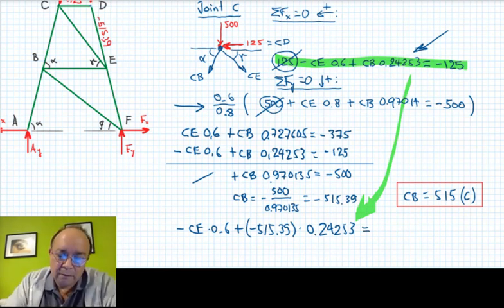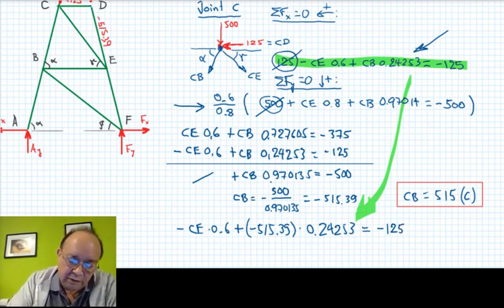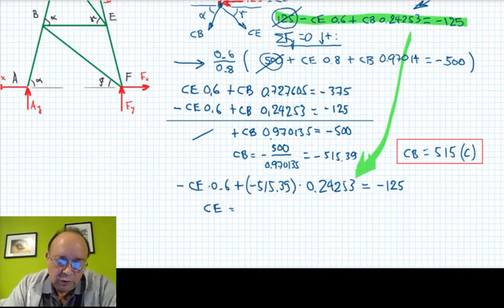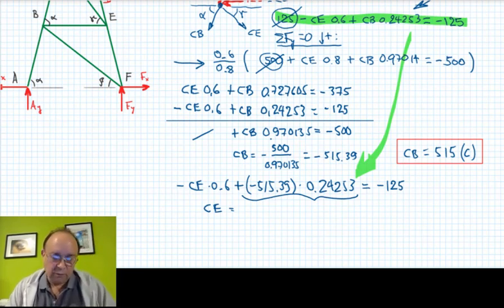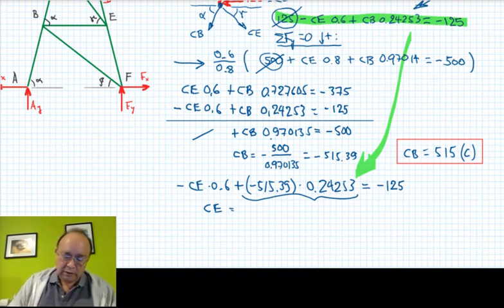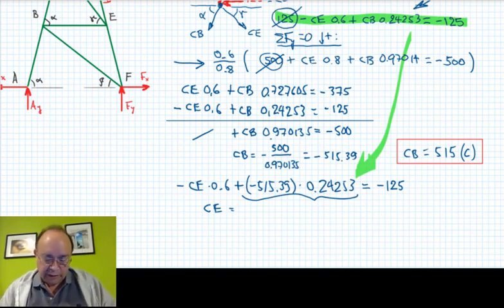Equals minus 125. So from here, CE equals, this number is here, 515.39 times 0.24253 equals 124.99. So the 125. This is negative 125.